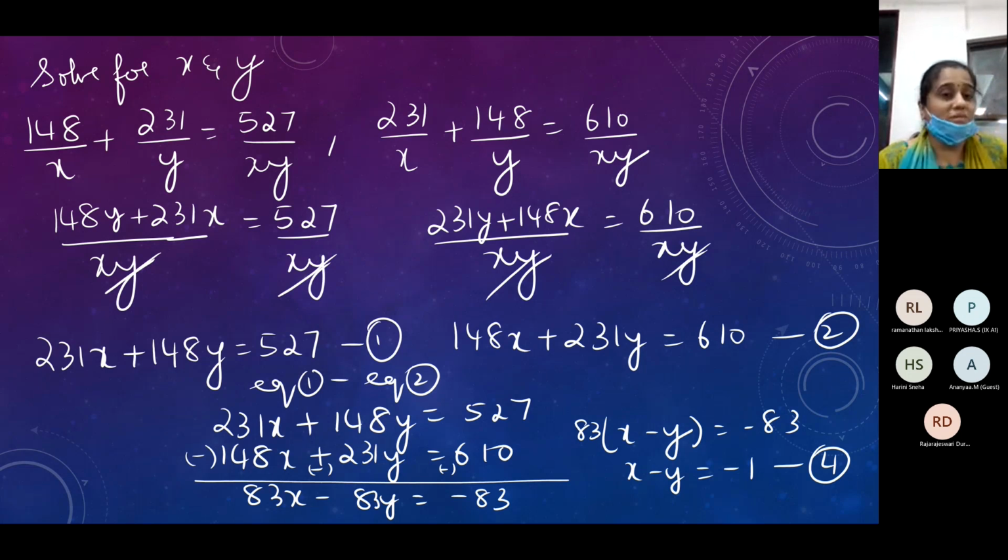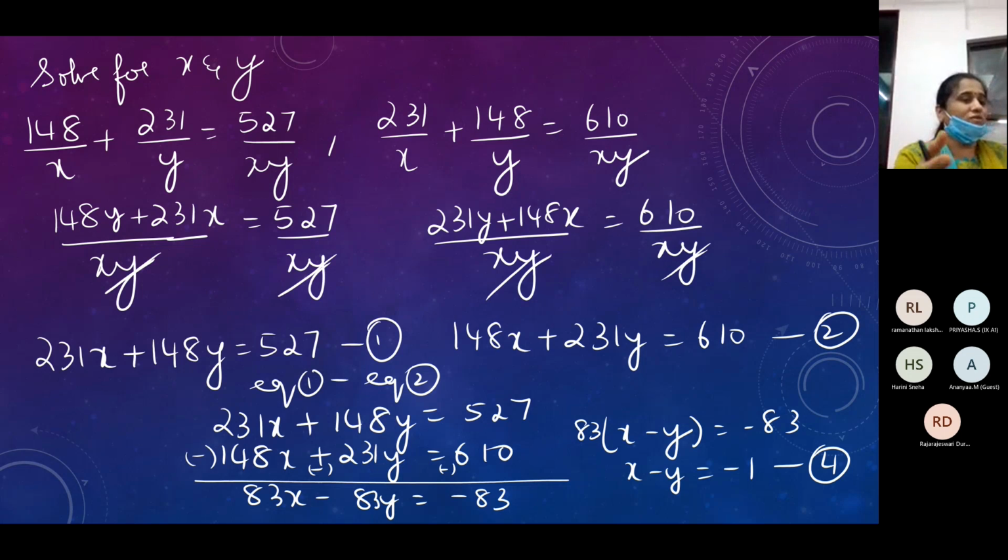It's not needed. If you have just a number on this side, and it is by xy, it should occur to you that when you take the common denominator, xy will get cancelled on both the sides. If the other side was just a number, equal to a constant, then you have to use that method: let 1 by x be a and 1 by y be b.